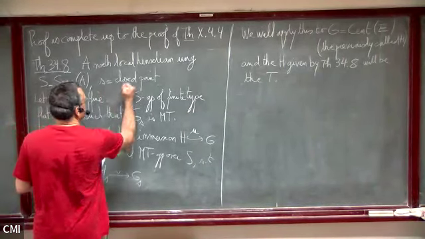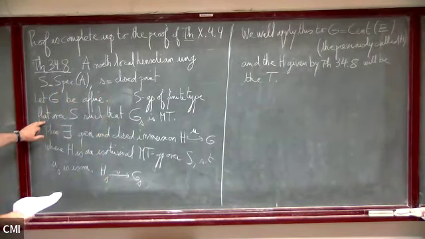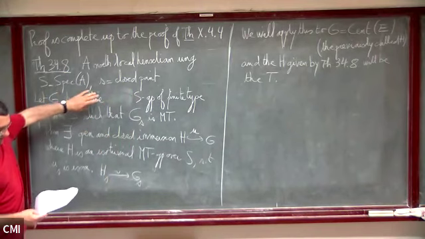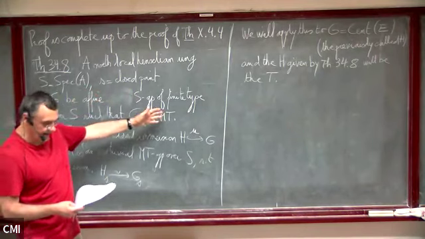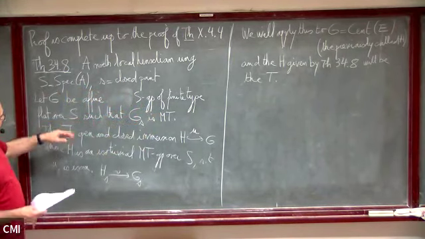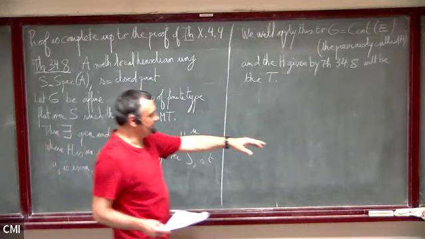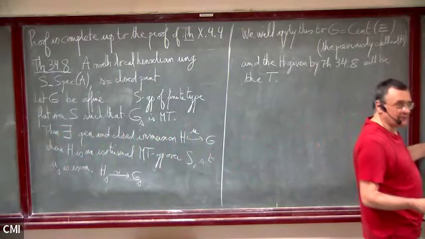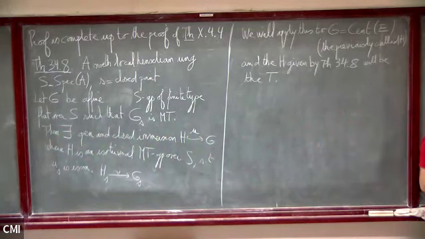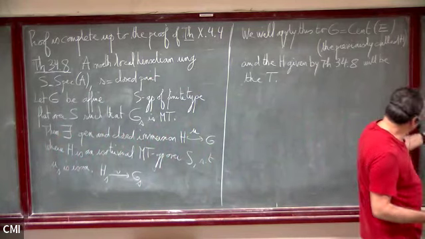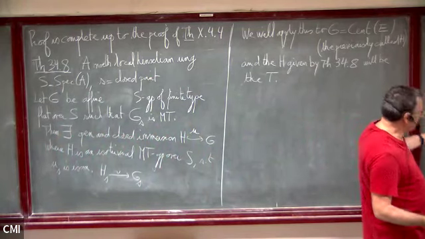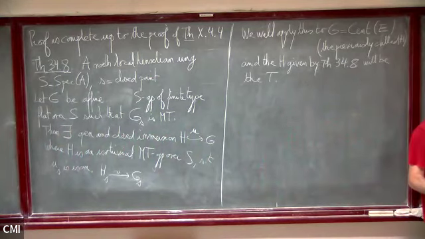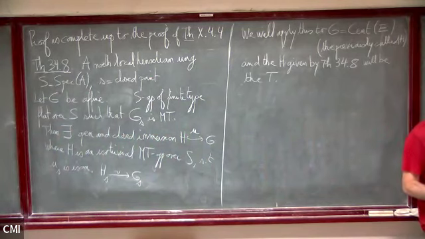Actually, smooth is not needed here, because flat would be enough. So we just need finite type and flat over S. This is the case for this H. And the closed fiber is a group of multiplicative type, which here is a torus. And so the conclusion is that H contains an open and closed subgroup of multiplicative type, which has the same closed fiber. So this is the theorem that we want to prove.